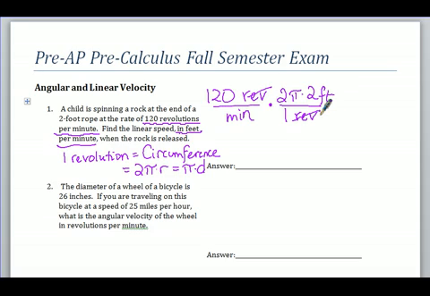Revolutions cancel, which is what I want to happen, and I have feet per minute, which is what the question asked me to find.